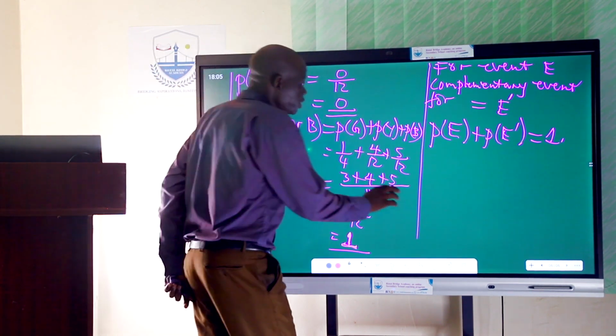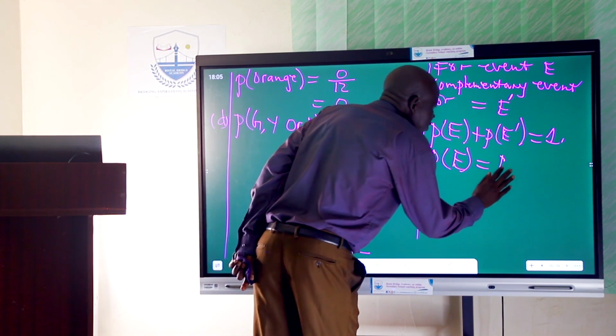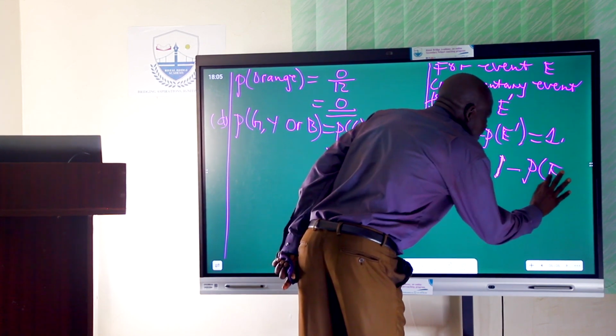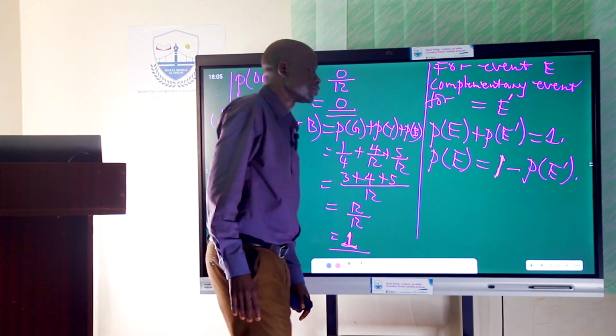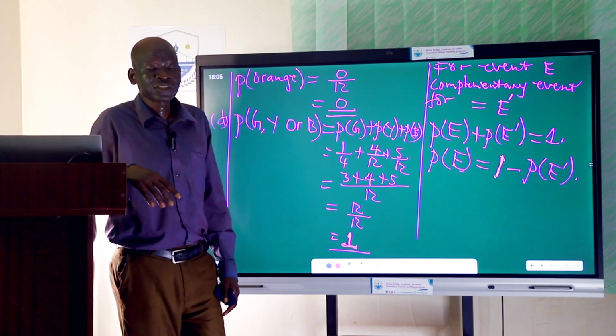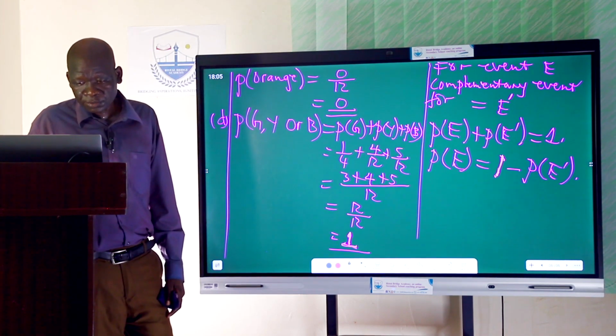Such that P of E will equal 1 minus P of E dash, or P of E dash is equal to 1 minus P of E. The reverse is true.